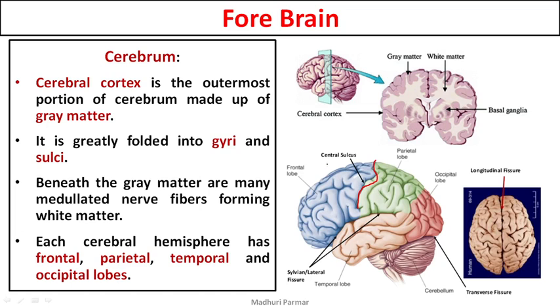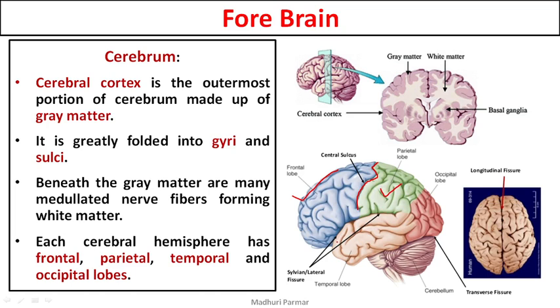Because you can see it is approximately in the center of your hemisphere. This here is your central sulcus. The central sulcus divides the cerebral hemisphere into the frontal lobe, which is shown here in blue, and the parietal lobe, which is shown in green.